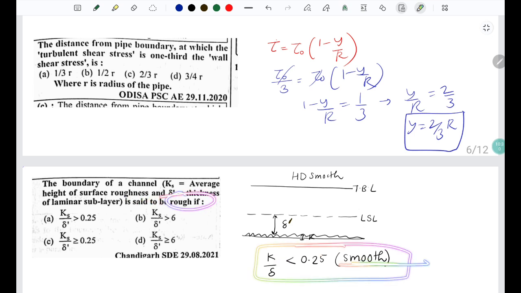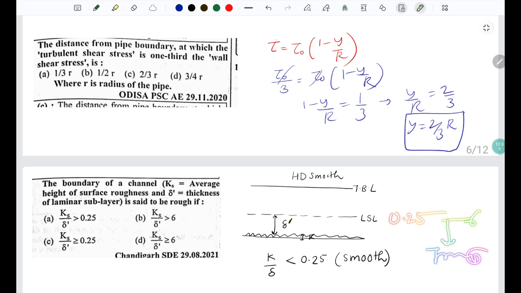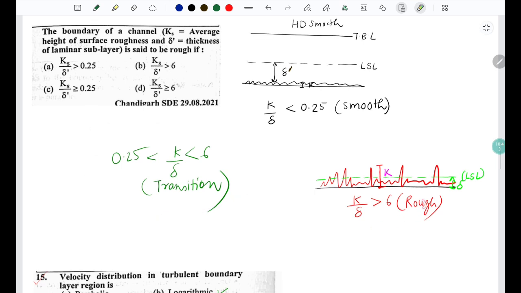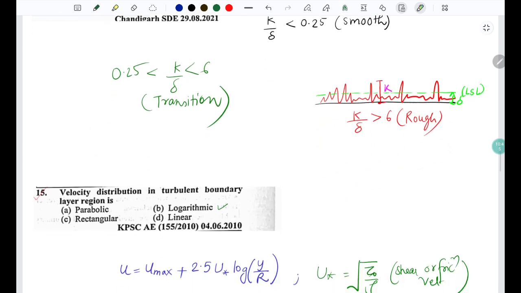But in this question they had asked us rough. It will be when it is greater than 6, and when it is between 0.25 and 6, it is considered to be in a transition zone. As I said, it is in the transition zone, and if it is greater than 6, it will be rough.